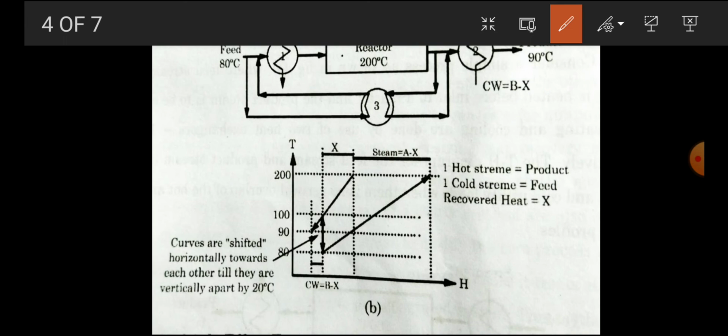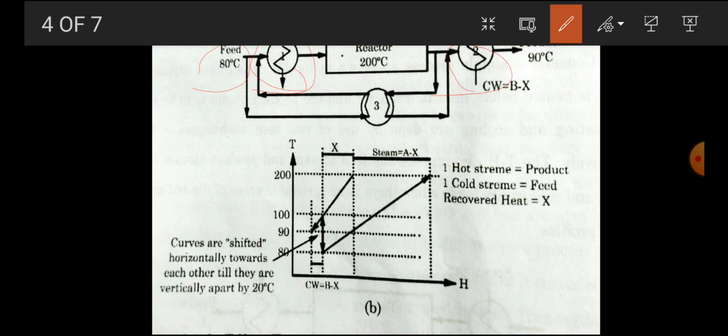This is a simple process where the feed stream to a reactor is heated before inlet to the reactor, and the product stream is to be cooled. The heating and cooling are done by use of two heat exchangers, that is 1 and 2 respectively. So this is heat exchanger 1 and this is heat exchanger 2.